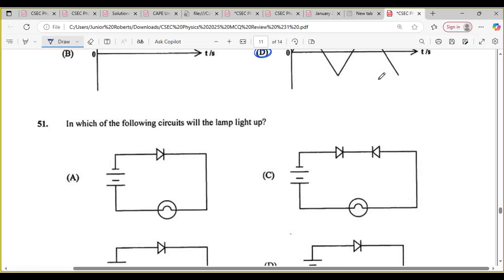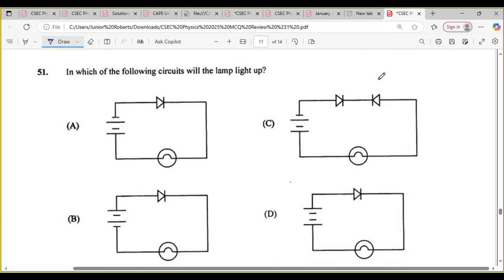51 says, in which of the following circuits will the lamp light up? We have a diode. The diode has a positive and a negative side. This is the negative of the battery, and this is the positive. So we have negative connected to positive, so this is reverse bias.